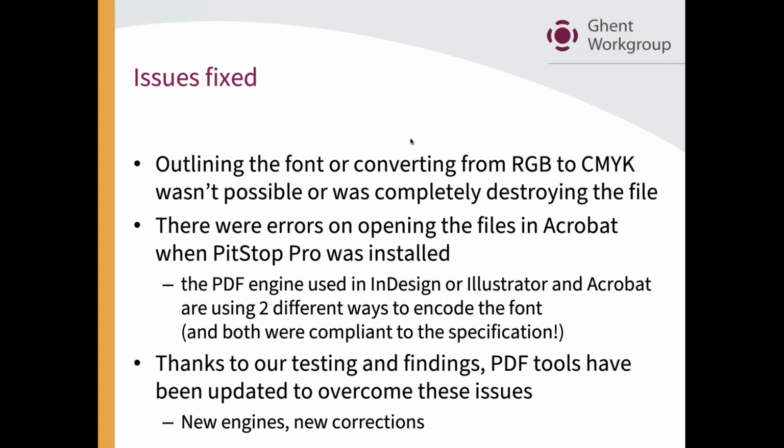So at that time, it was really critical, because you had files that contained RGB, and let's say you're in a classic non-color-managed PDF/X-1a workflow, then you have issues because you cannot outline the font, and you cannot convert it from RGB to CMYK. So it was really, really critical.